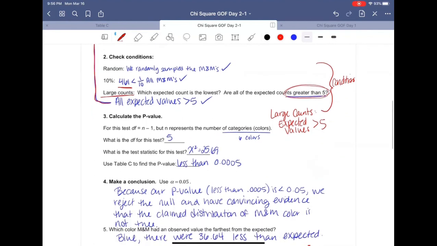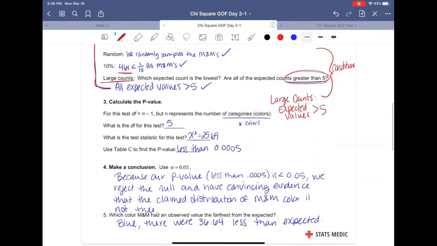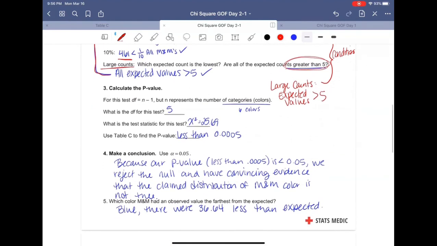All right, then from there, we can calculate a p-value. So we started doing this yesterday, and I showed you how you can use table C for it. In order to use table C, you need to know your degrees of freedom, which is your number of categories minus 1. So in this case, our degrees of freedom are 5. And then our test statistic, we talked about already, is our chi-squared, which is 25.69.